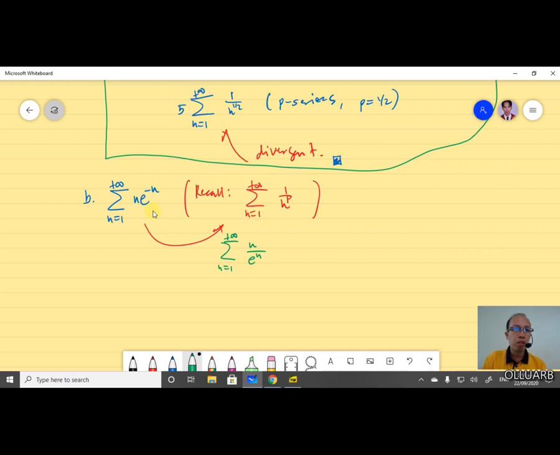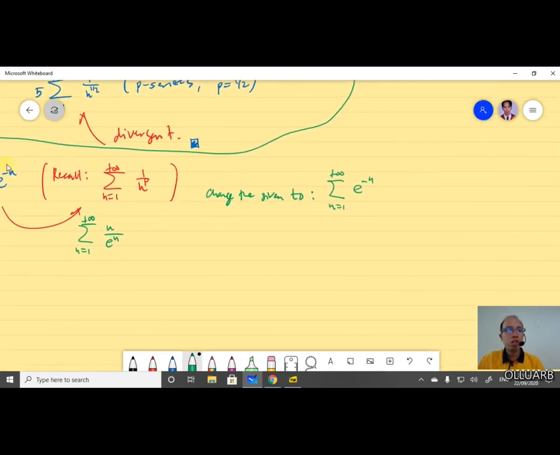However, if the given were changed to the summation of e to the negative n, where n starts from 1 to positive infinity, then you could use the p series definition.